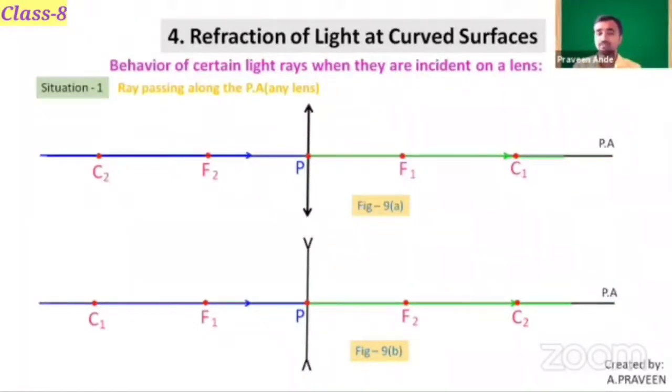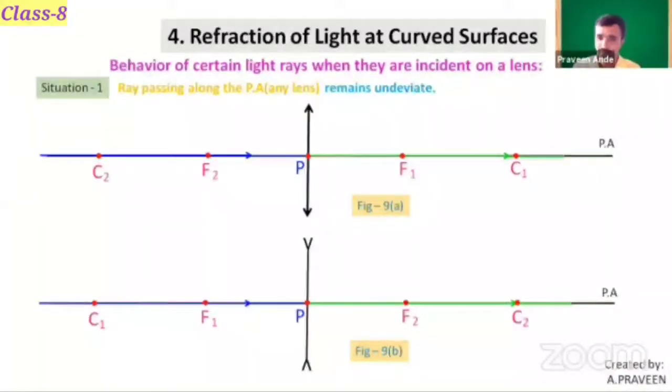Observe both figures. What generalization can you give here? A ray passing along the principal axis of any lens remains undeviate. This is the generalization. See, situation 1, ray passing along the principal axis of any lens remains undeviate.